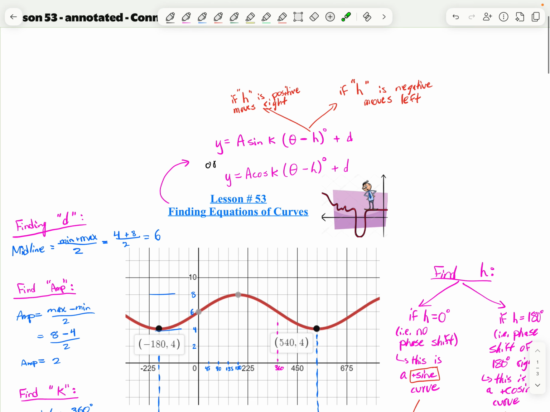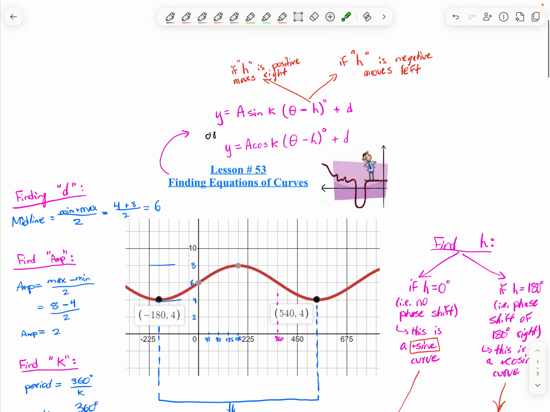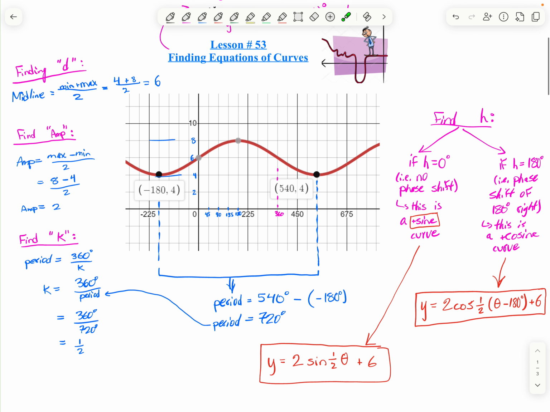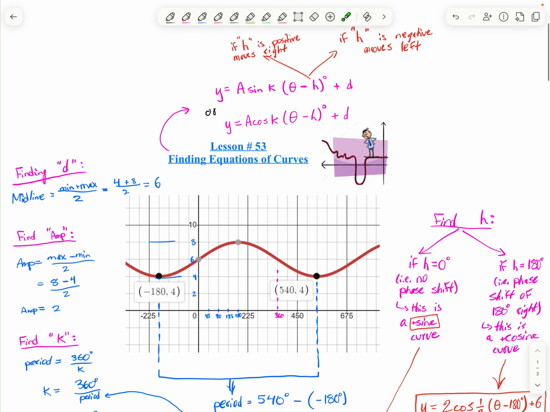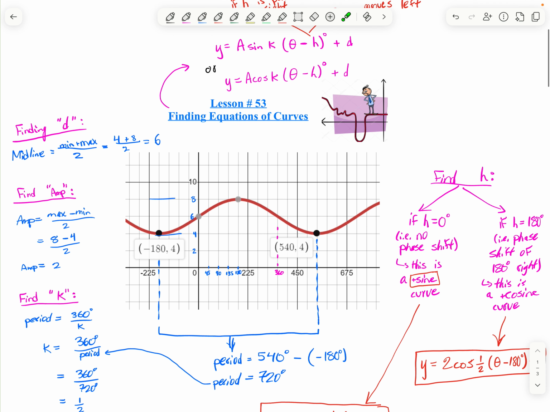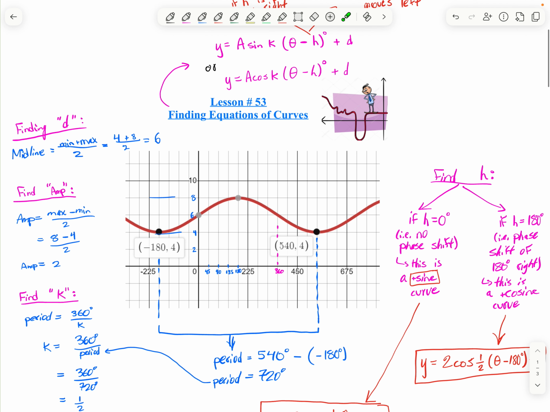Before we jump into the graphs, let's review what each letter does. So A, K, H, and D. The A value controls the amplitude, and the amplitude tells us how far the graph goes above and below the midline.